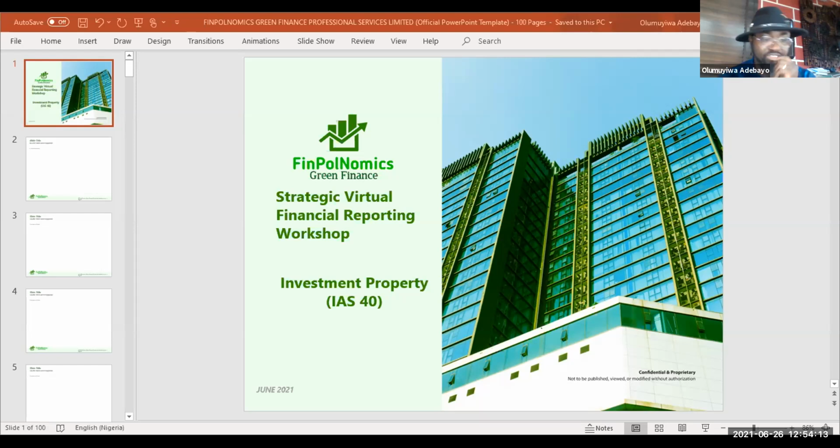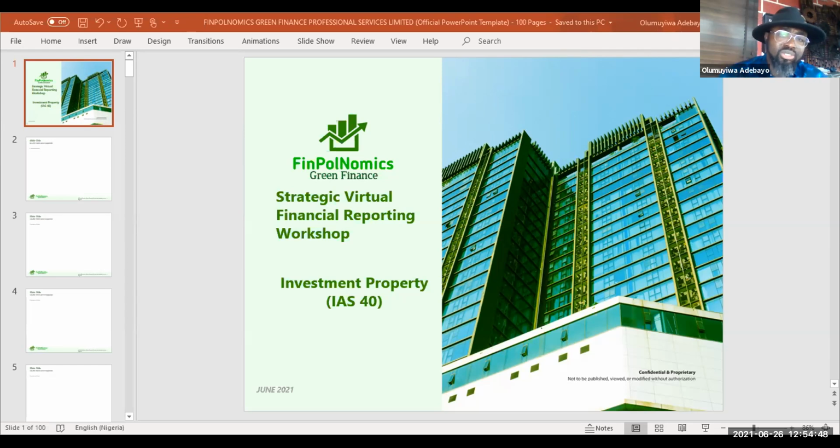We'll demystify how investment property differs from owner-occupied property, or what we know as property under IAS 16. We are also going to look at areas where they share one or two things in common, and situations where a property can be switched from owner-occupied to investment property, and vice versa, and what the implication of such a switch will be.